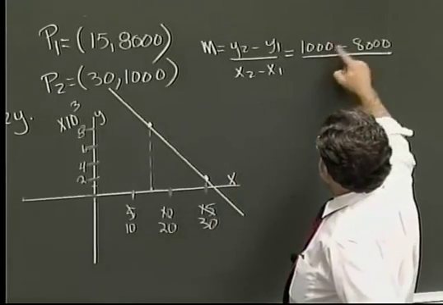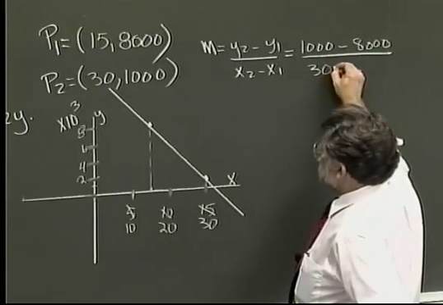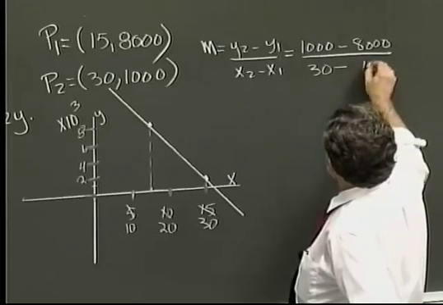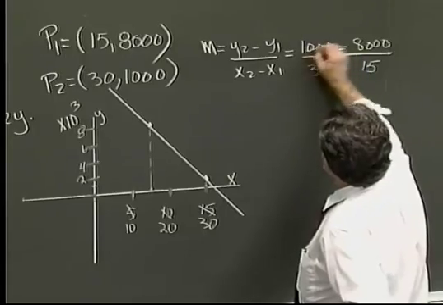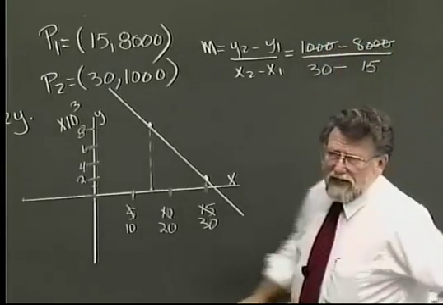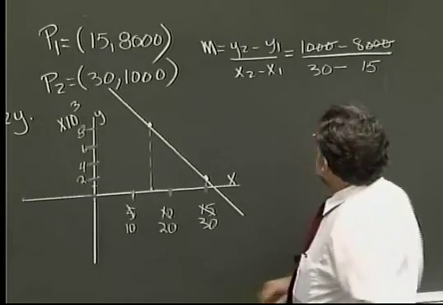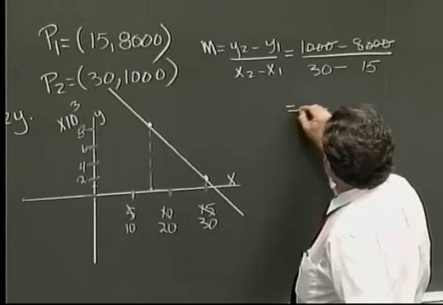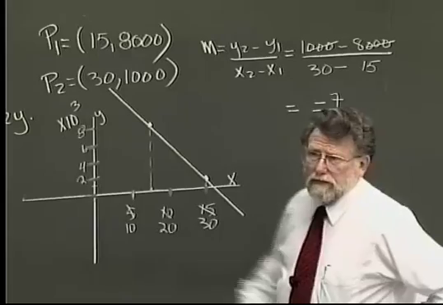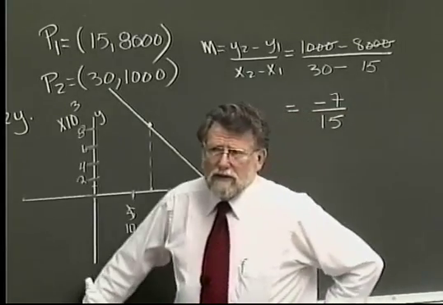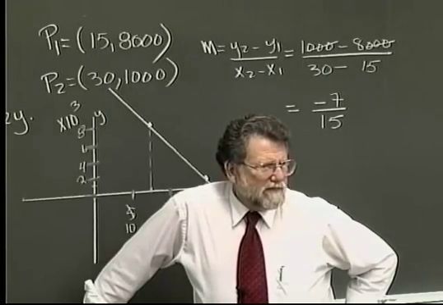This is x sub 2, so that's going to be your 30. And then minus 15, the first one. Now, with the scale I've done, technically, I'm going to get rid of the zeros here because my scale is graphed in what? Relative to thousands. So if I do that, then I have a negative 7 over 15. That is my slope. Pretty easy to get, right, if you have 2 points?